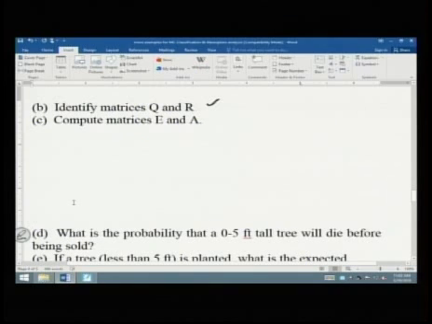Okay. For this problem, I have the values for both matrices. So let me write it down here.